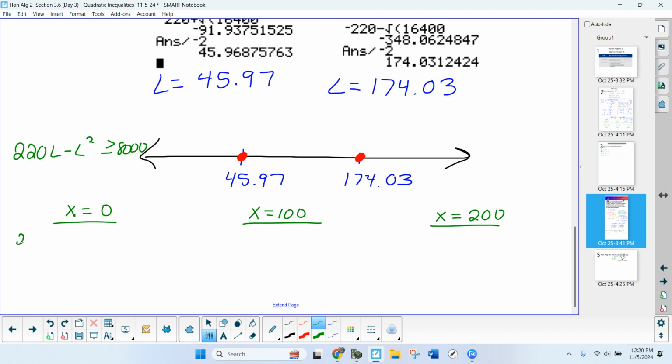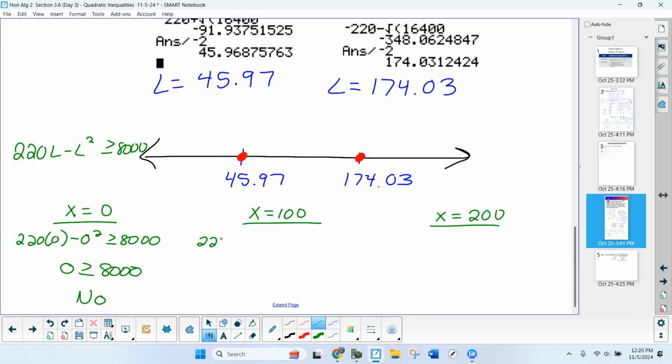So let's see. We have 220 times 0 minus 0 squared. Is that greater than or equal to 8,000? What would that give me on the left side? 0. Is 0 greater than or equal to 8,000? No.